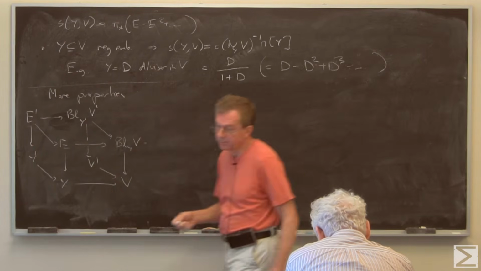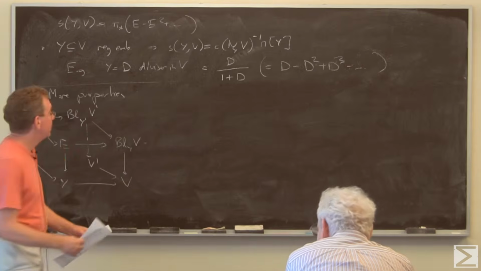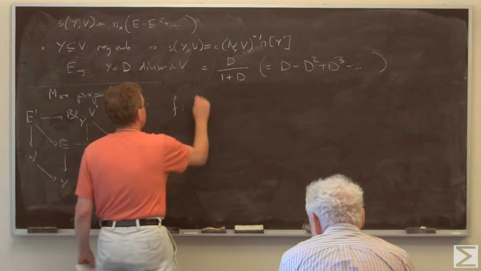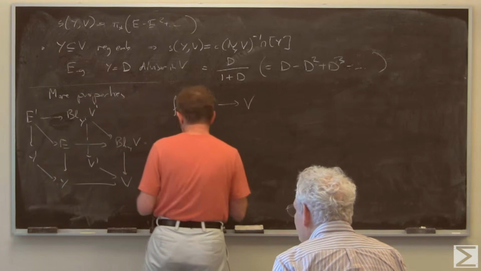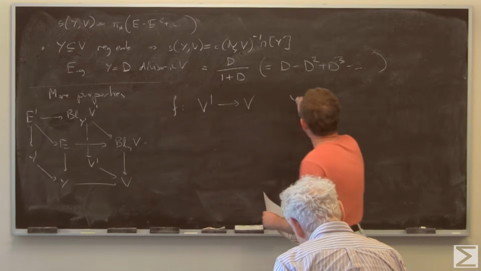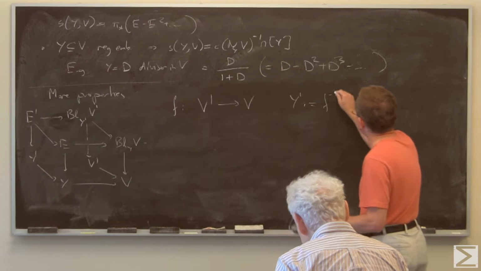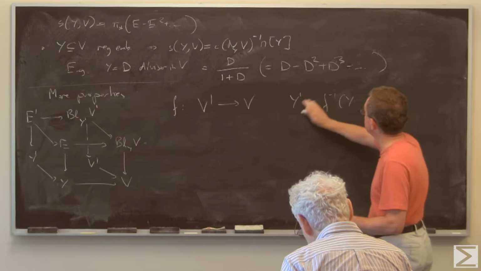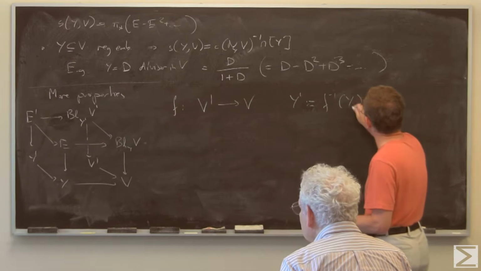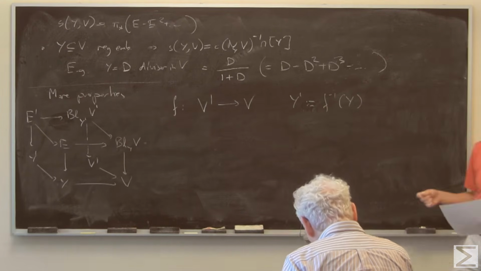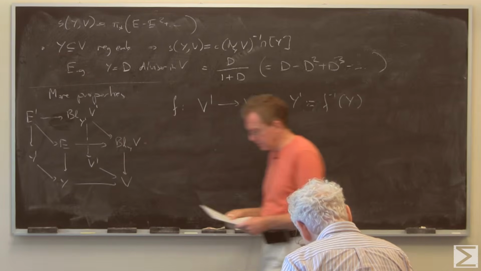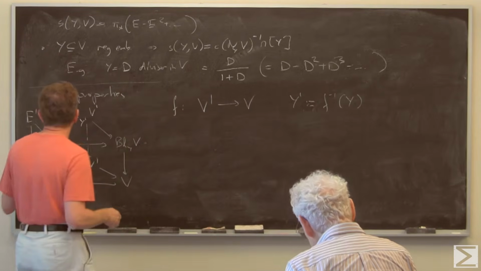I'm assuming that I have a morphism from V prime to V, and I'm calling Y prime the inverse image of Y. Of course, scheme theoretic, right? This is done all scheme theoretically. This is a sub-scheme of V prime.